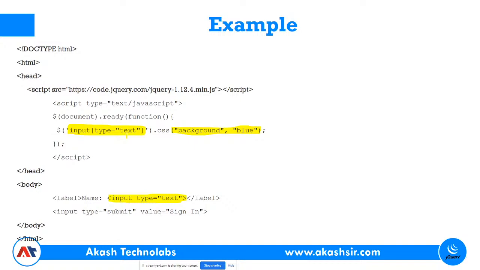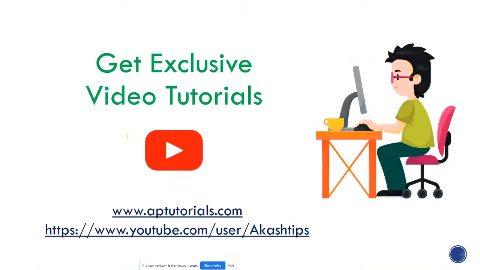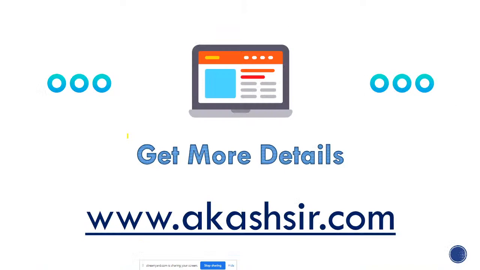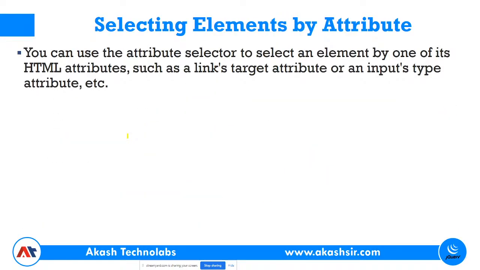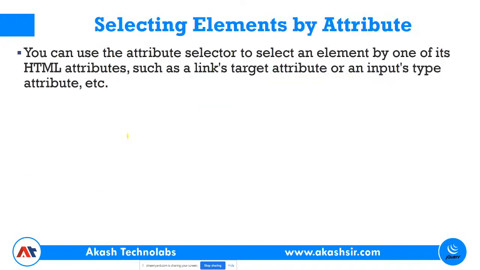So your CSS will not reflect in your HTML tag. The reason is it's not specified in your maybe CSS part. Okay. So here you can see the background color is changed for your text box. Okay. So that's it. It was a basics of selector, how to use this selector and how to implement.